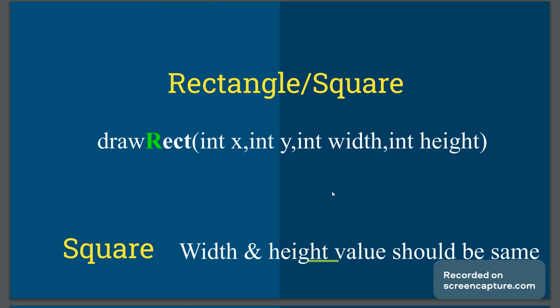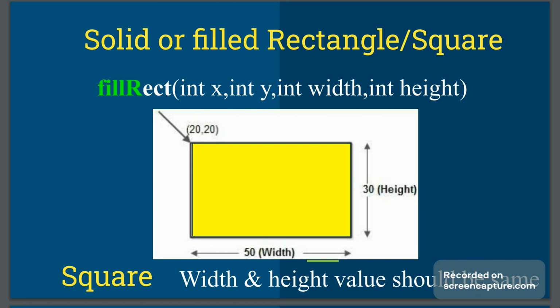Now if we want to draw a solid rectangle, that is a filled rectangle or a square, instead of draw, just put the fillRect method where R is capital, and the coordinates will be the same. For a square we have to give the width and height value as the same.